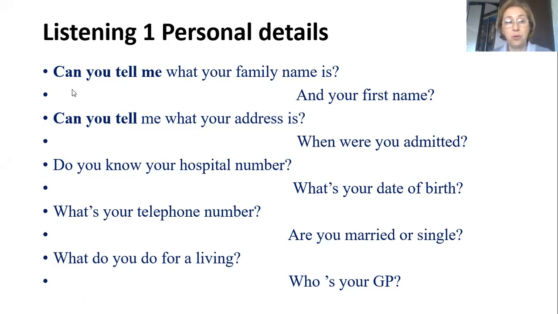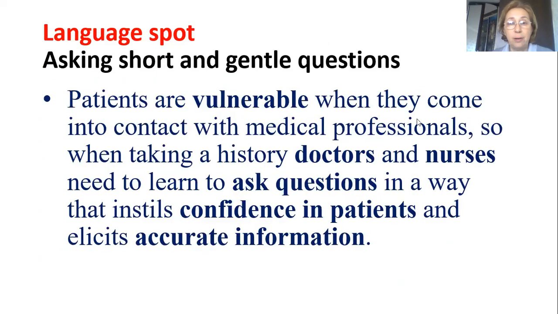They consist of two parts. The first part is, can you tell me? This is the question itself. That is why the question mark is used at the end of the sentence. And the second part, what your family name is. Here, the order of words is a little bit different. It's not actually a question.